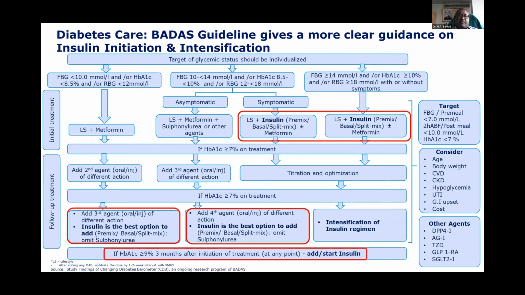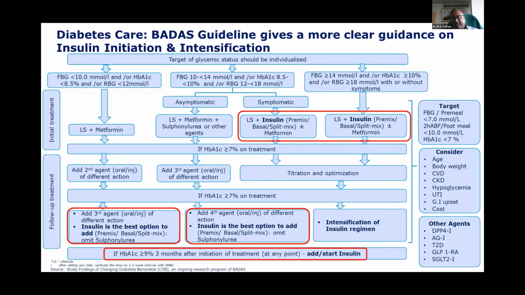Again, I'm just choosing the key points. If hemoglobin A1C is more than 7 on treatment with first, second, or even the third agent, you can add insulin or you can switch over to insulin. Or as a fourth agent, you can add insulin.